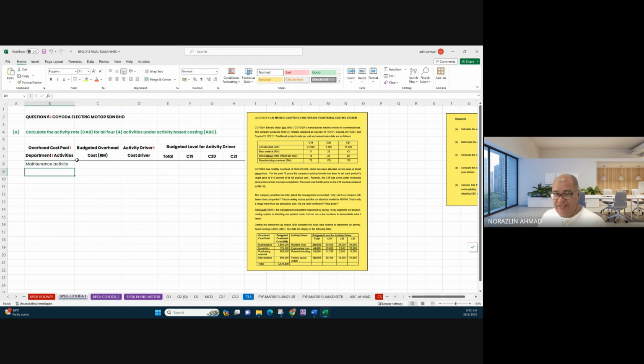So maintenance activity. Inspection activity. We have purchasing material activity, purchasing material activity.